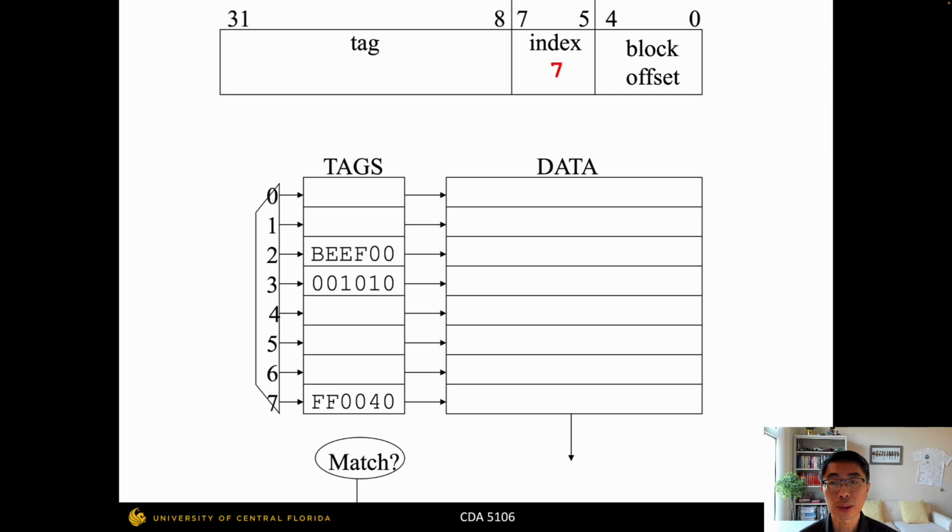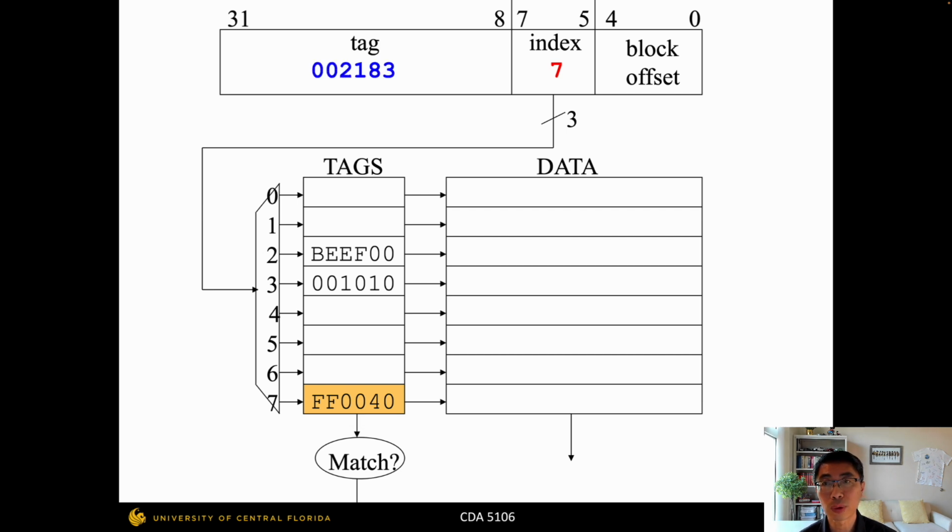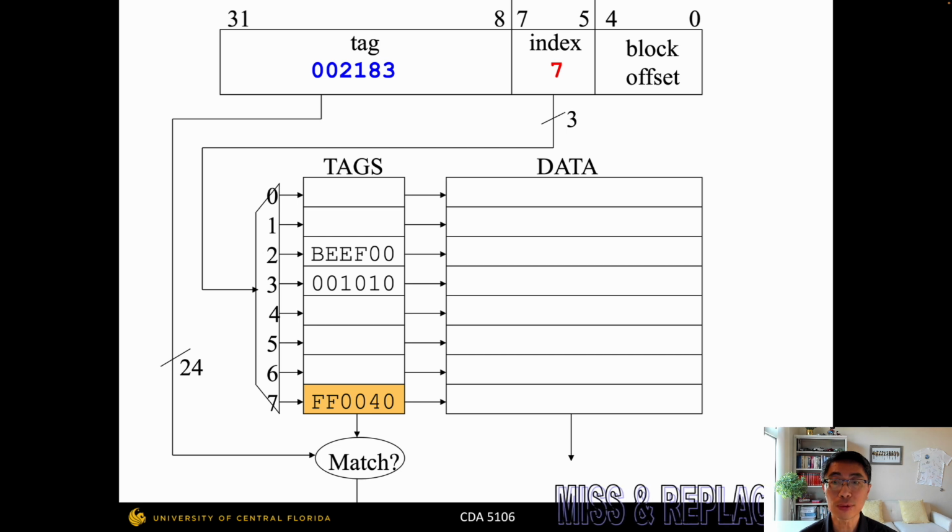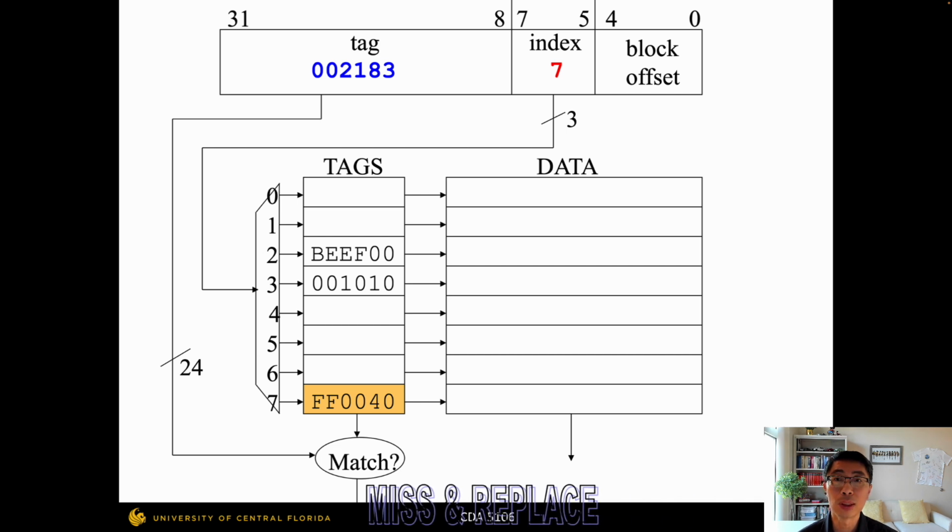Next, we have access to index 7, so we read out set number 7, and the tag that we want to access is 002183, which mismatches what we have in the tag. That means the block that we want is not in the cache, so we have a cache miss and we have to replace the existing block.